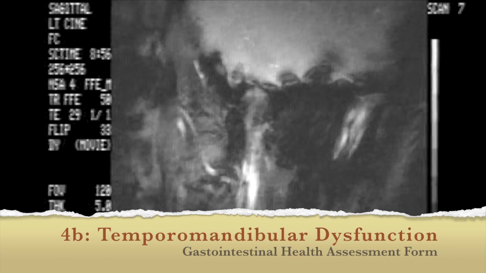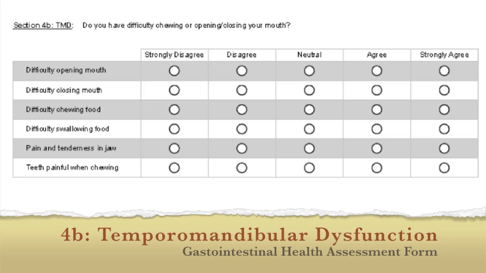TMJ conditions have a definite effect on the ability to repair and restore proper digestive function. It is important to determine if the patient has an ascending or descending temporomandibular lesion. This requires a structural correction of the ascending or descending distortion pattern in order to restore digestive function.